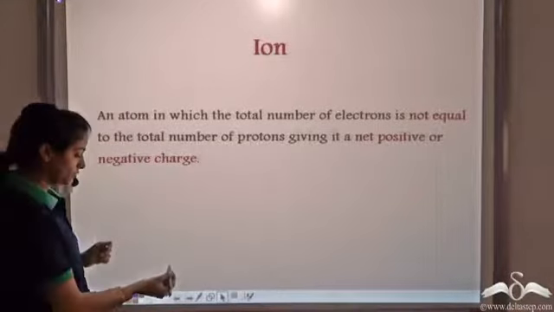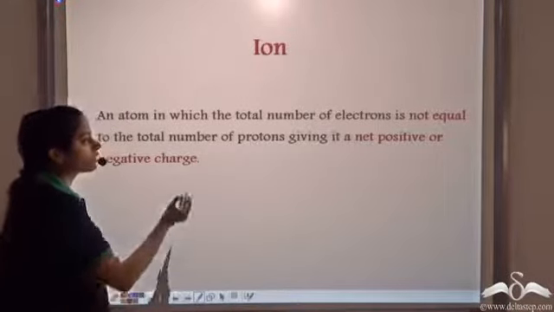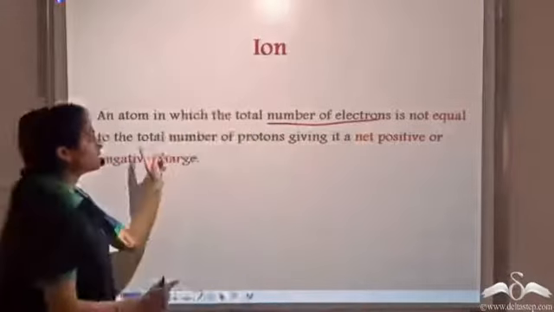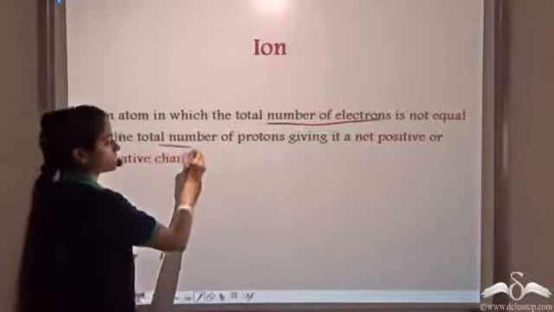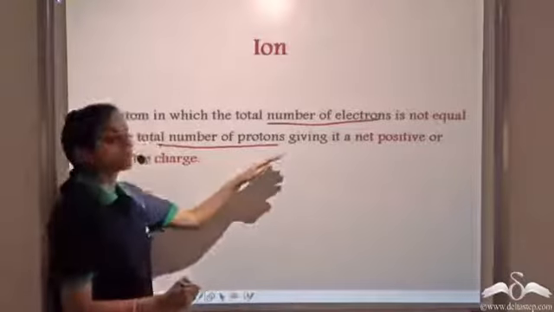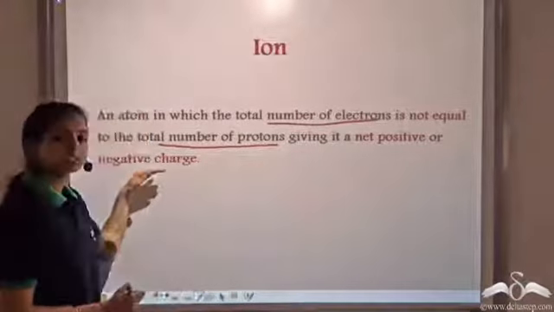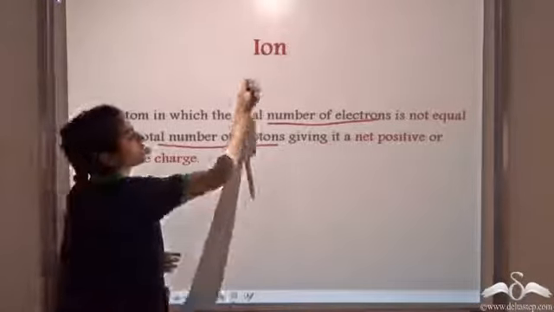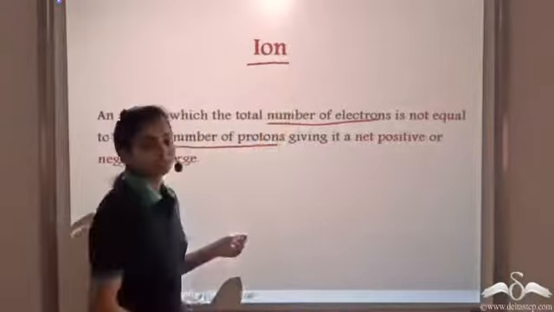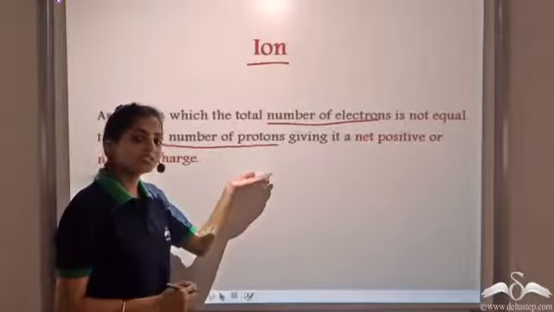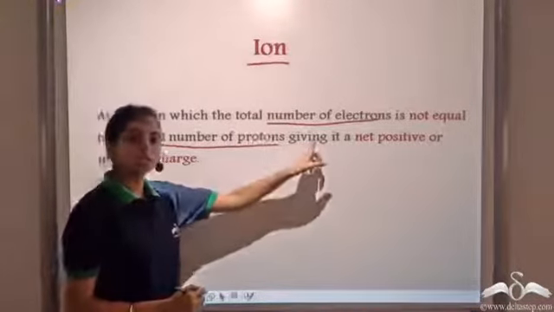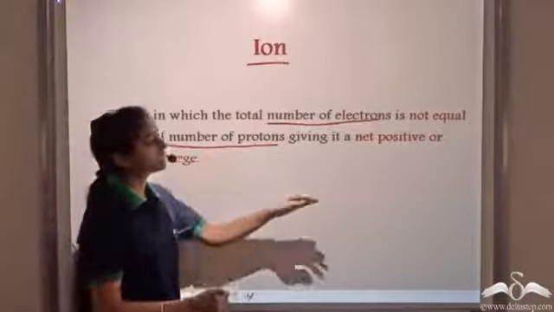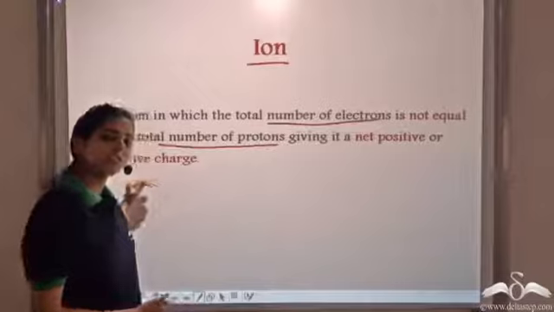So an atom in which the total number of electrons is not equal to the total number of protons gives a net positive or a net negative charge to the species, and those charged species are known as ions. So ions are the charged species, that is, when the total number of electrons is not equal to the total number of protons. It gives it a net positive or a net negative charge.